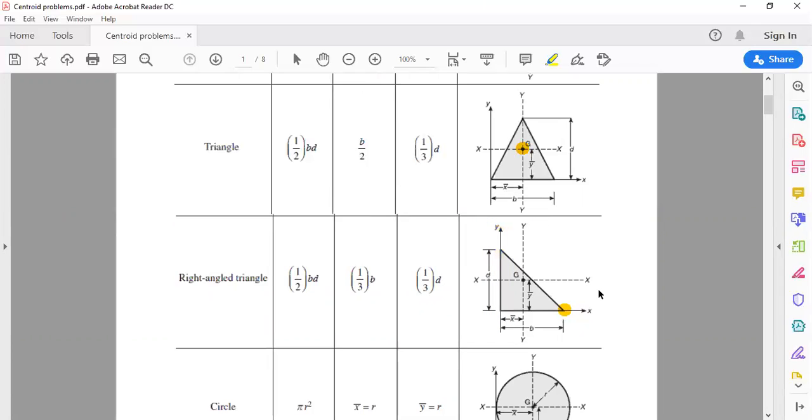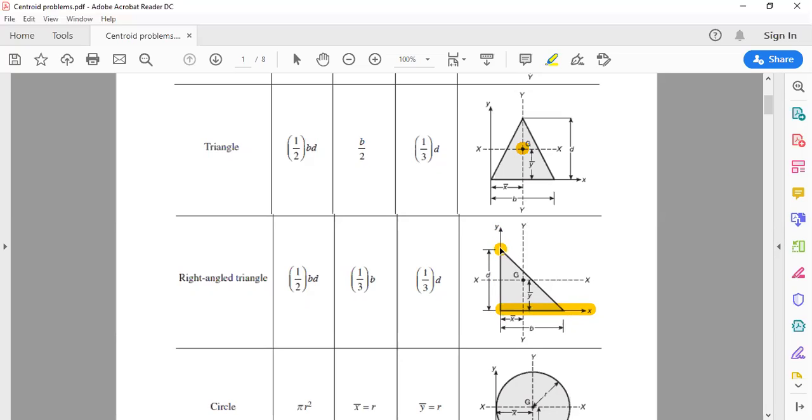Now next, coming to y bar. When you're calculating y bar, you should always concentrate on the reference x-axis. So this is the reference x-axis. Again, the distance of y bar is always to be measured from the x-axis. Now this reference x-axis and the base of the triangle coincide, which means you're measuring the centroidal distance from the base of the triangle, whereas the other end is the apex.